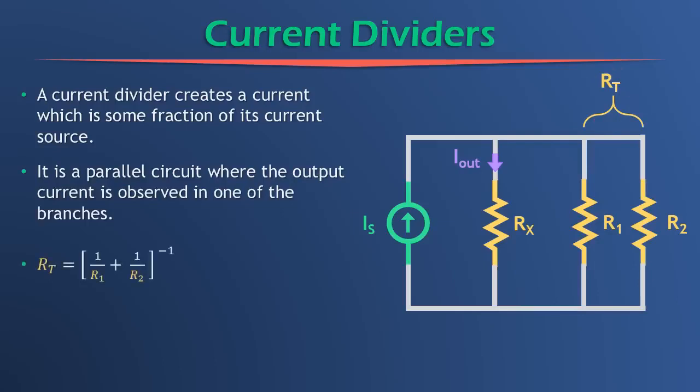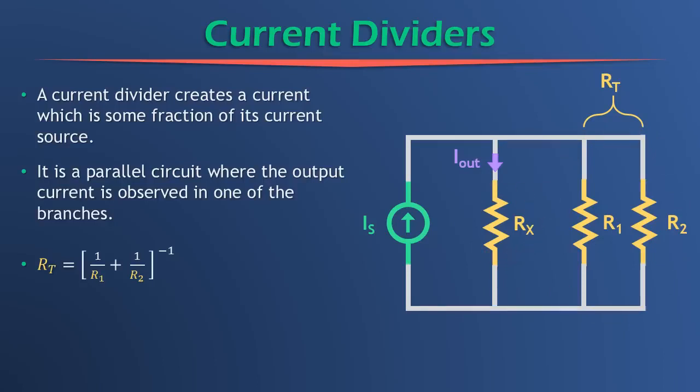And RT is the equivalent resistance of all the other branches excluding Rx. So it's the equivalent resistance of these two branches and not including the Rx branch.